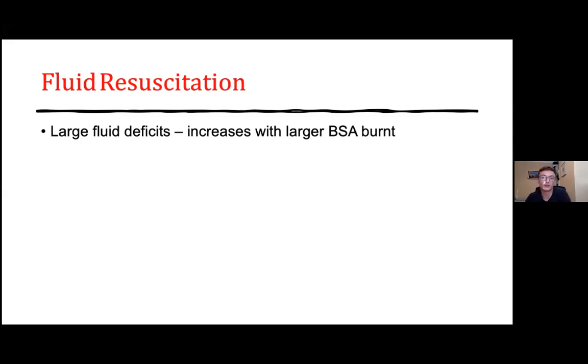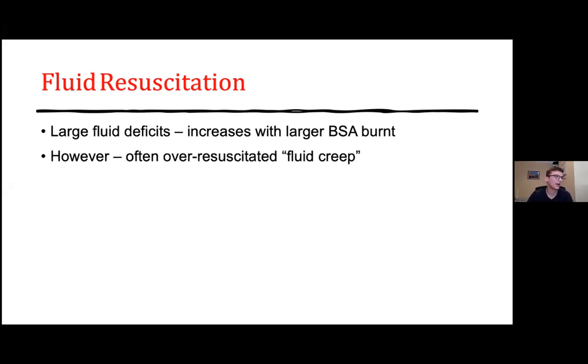So we're going to talk about fluid resuscitation now. As we mentioned, there are large fluid deficits in these patients, which increase with larger surface area burnt. That's due to increasing insensible losses, so you lose that natural skin barrier and fluid leaves the body in a way it wouldn't usually.